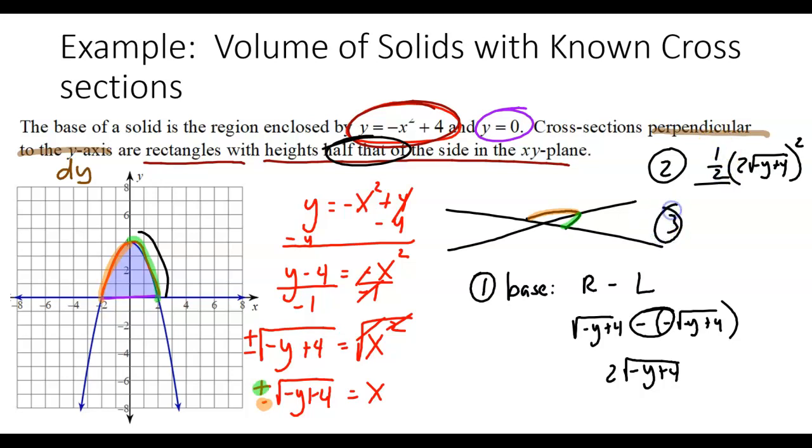The final thing we're going to do to get our answer is you're going to integrate this. Now, what do we integrate to and from? That's a good question as well. Well, it has to do with the fact that we are integrating with respect to y here. When you're integrating with respect to y, you're going from the low point to the high point.